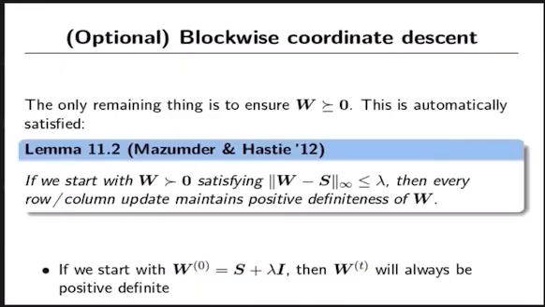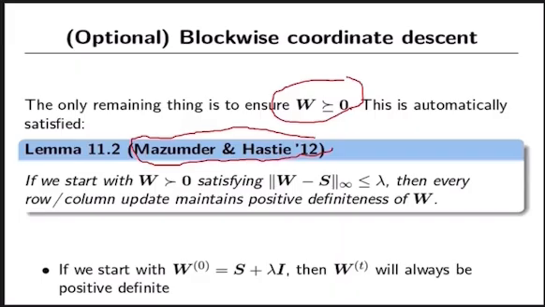Pay attention. Mazumder and Hastie 2012. Okay, you know what Mazumder and Hastie 2012 did? They started with the W that is strictly positive, it has to be greater than 0. And you know what they did?